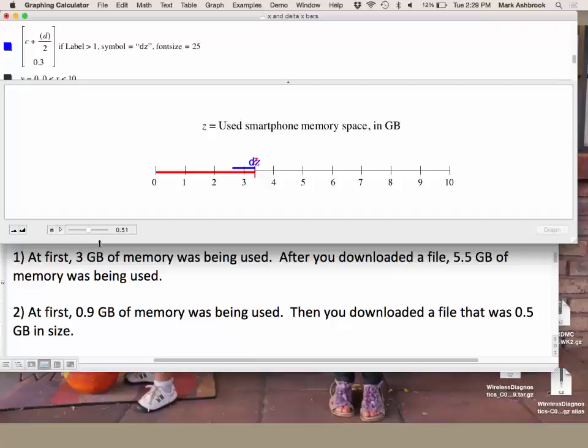It's half of the total amount that we're downloading. So now DZ is half because it's half finished, and then at the very end is when DZ is 1.5. So this is actually a more accurate way to look at it. Thinking about DZ as a variable too. The amount of change is a variable too.